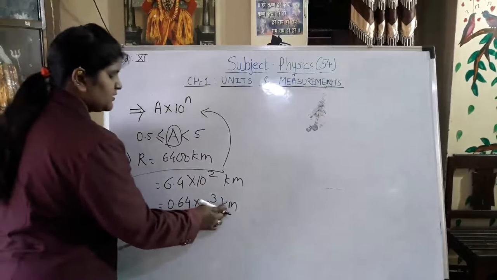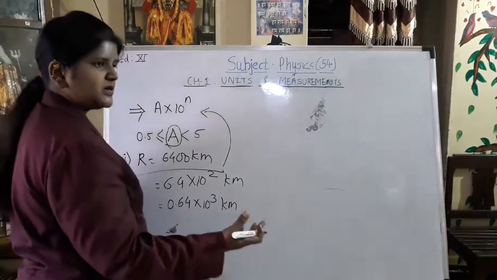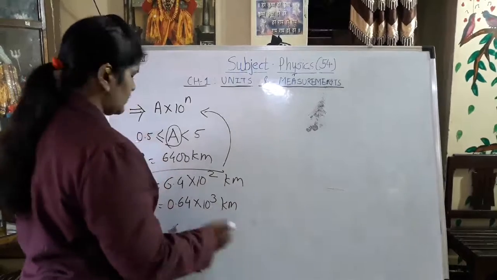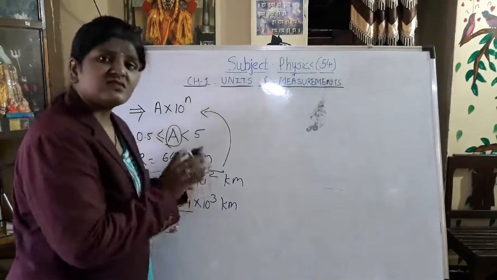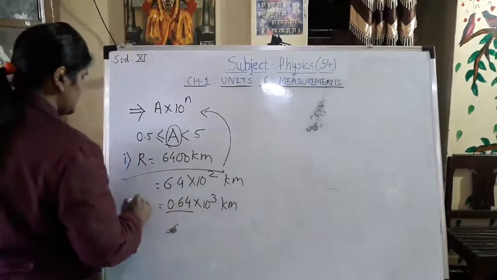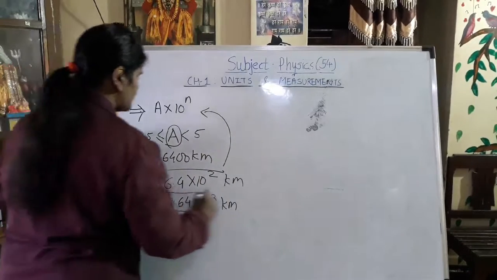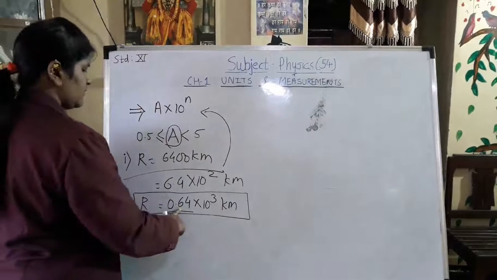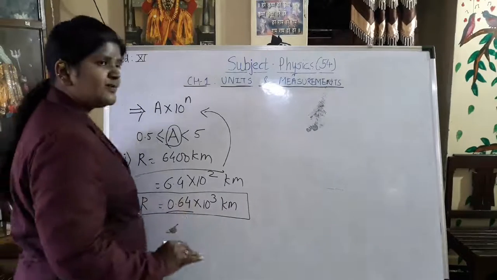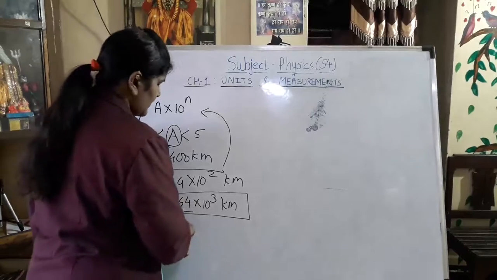Even if I change this kilometer to meter, if I change the system of unit, the power will be different, but this stays the same, only the 10 power will get changed. Okay, so how many significant figures are there for this number? 1 and 2.